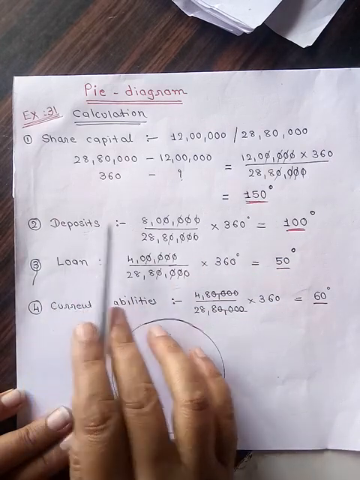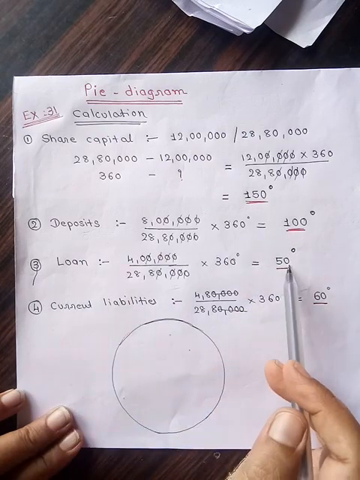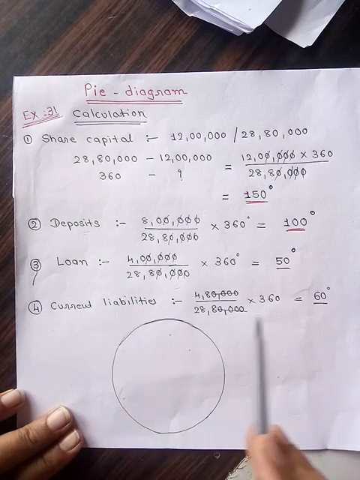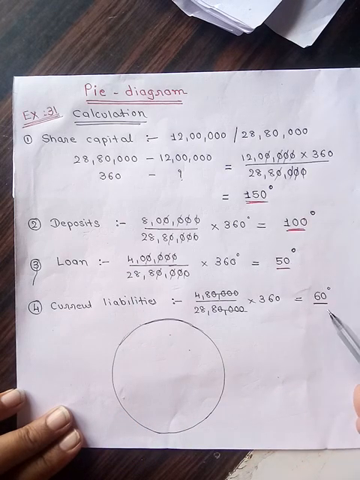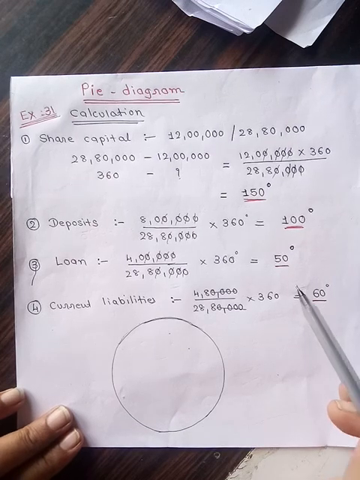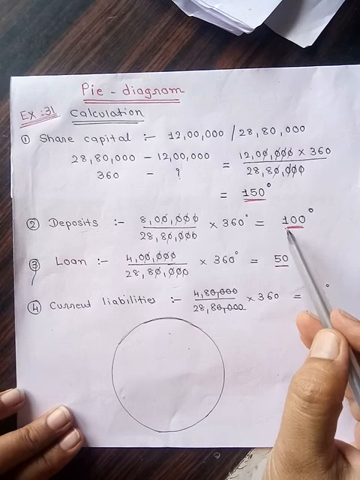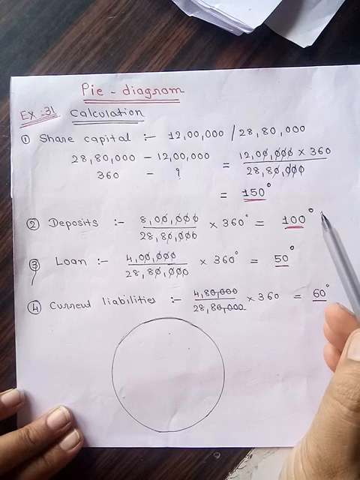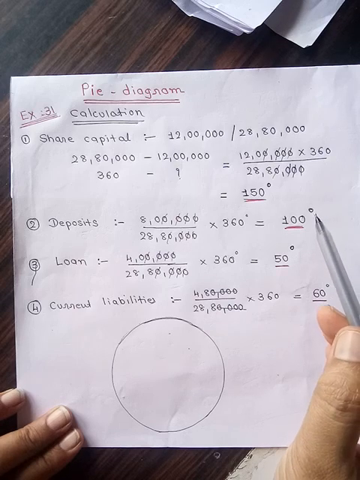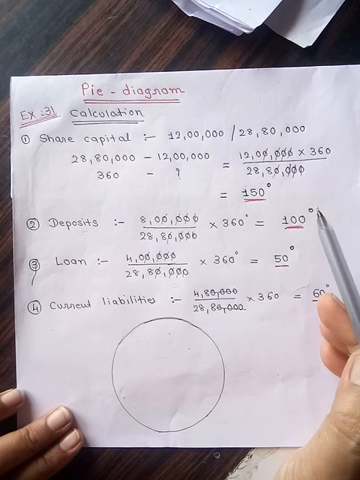In a similar way, deposits we have to find, it will come 100, loan 50 and current liabilities 60 degrees. Now if you total all of this, it will come out to be 360. Sometimes you will not get an exact number, you may get 100.4. In that case you know that if the digit is 5 or less than 5, it is converted into the lower number.